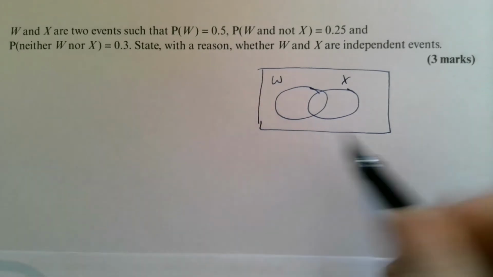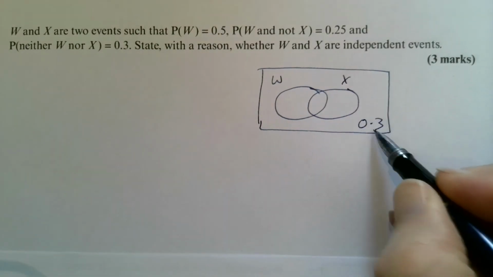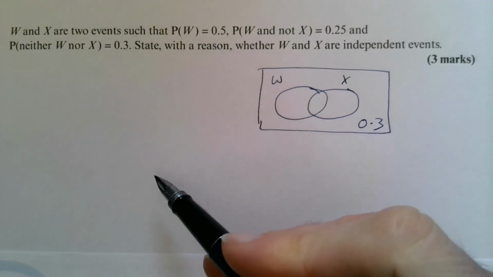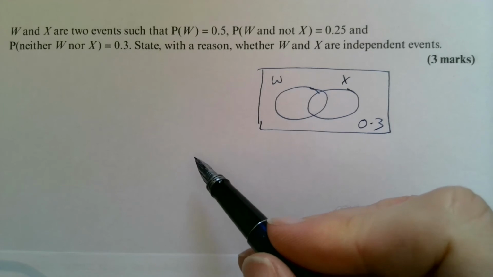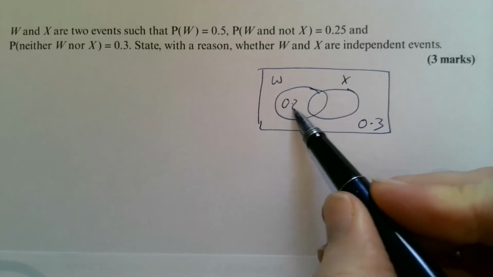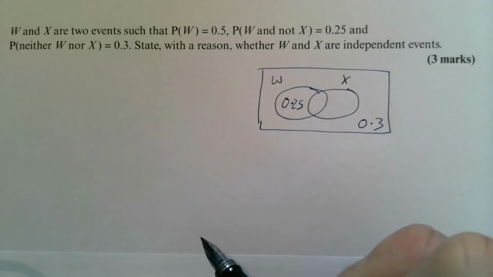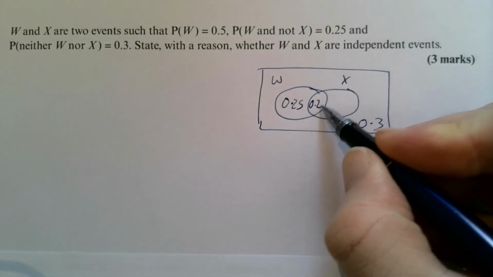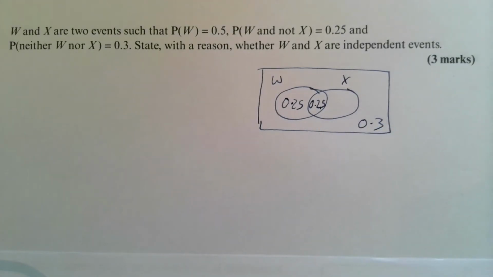Neither W nor X is going to be the bit outside, so that'll be 0.3. We know that W is 0.5 and W without X is 0.25. So that's W without X. If W is adding up to 0.5, this must also be 0.25.